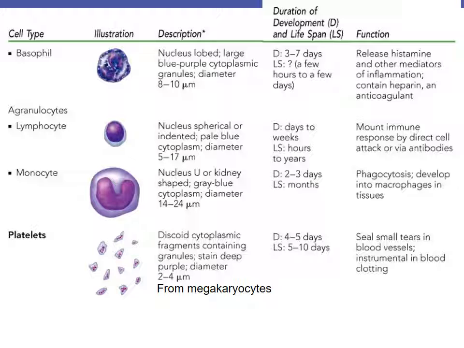The agranulocytes are a little different. They come in a couple flavors. First are what we call the lymphocytes. These are the white blood cells that basically went to school in the lymphatic system. And they do a couple of things. There's a couple of categories that we'll talk about in a bit. But what they do is they mount a complex immune response by the cell, and they use particular proteins called antibodies.